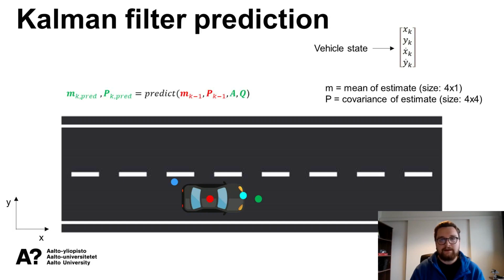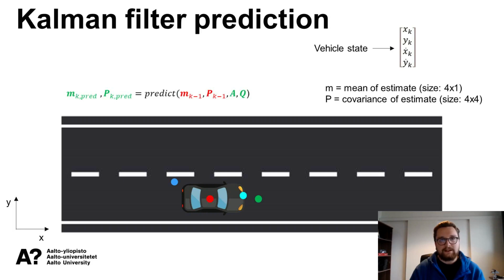And what the m and p are, they are the mean of the estimate. The m is the mean of the estimate, and p is the covariance of the estimate. And what the estimate is, well, it's a probabilistic representation of the vehicle state. If you remember, the vehicle state was the x and y coordinates, and then the velocities in the x and y directions.